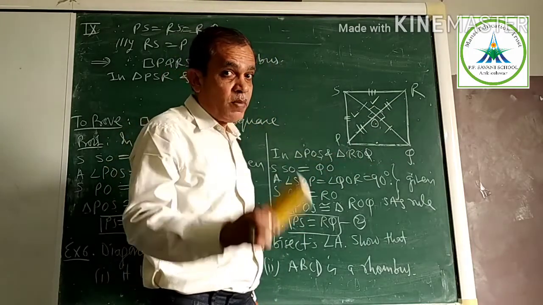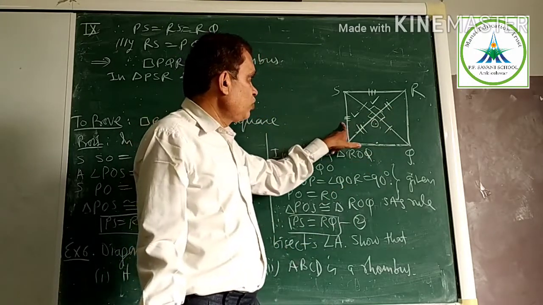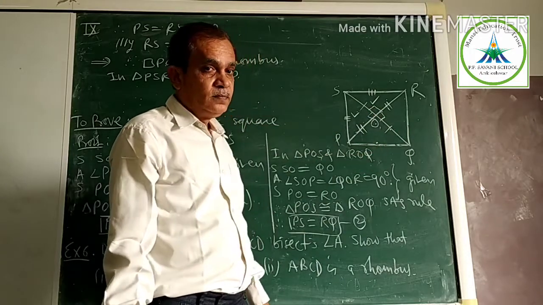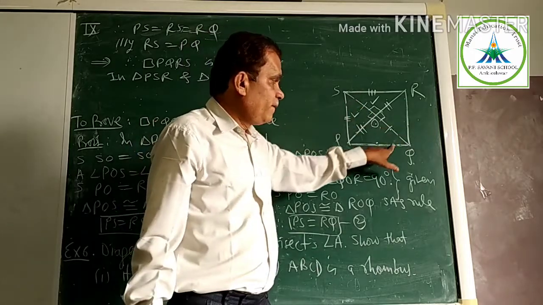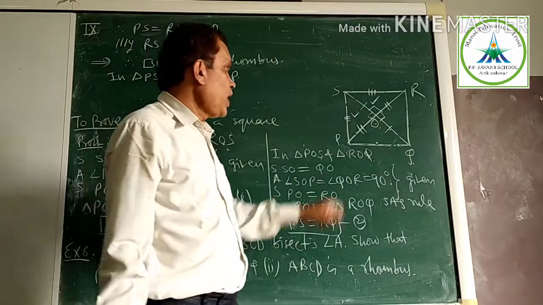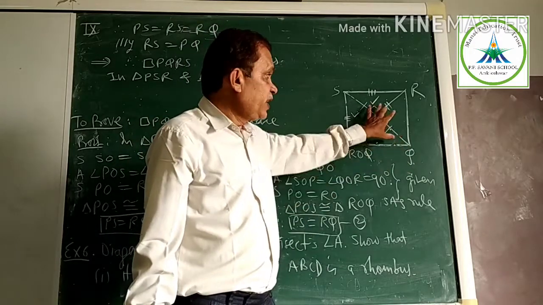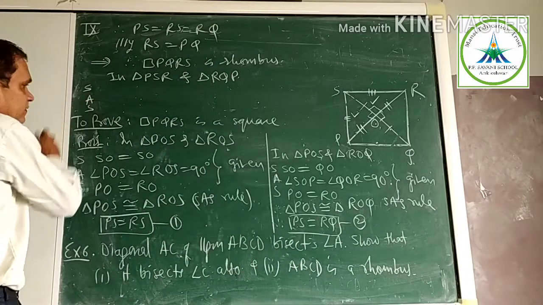We have proved it is a rhombus, so all sides are now equal. So this side equal to this side, and if it is a rhombus, opposite angles are equal. So angle S is equal to angle Q. By side, angle, side, these triangles are congruent. Again we will try SAS.